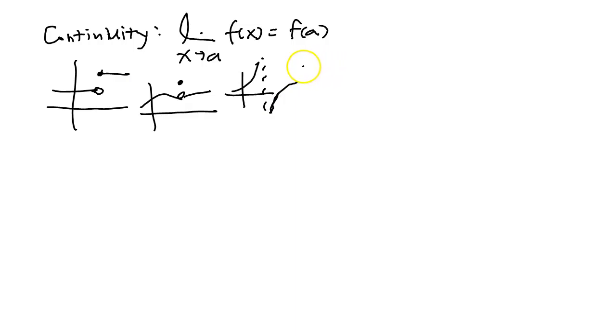So these are points where the function is not continuous.